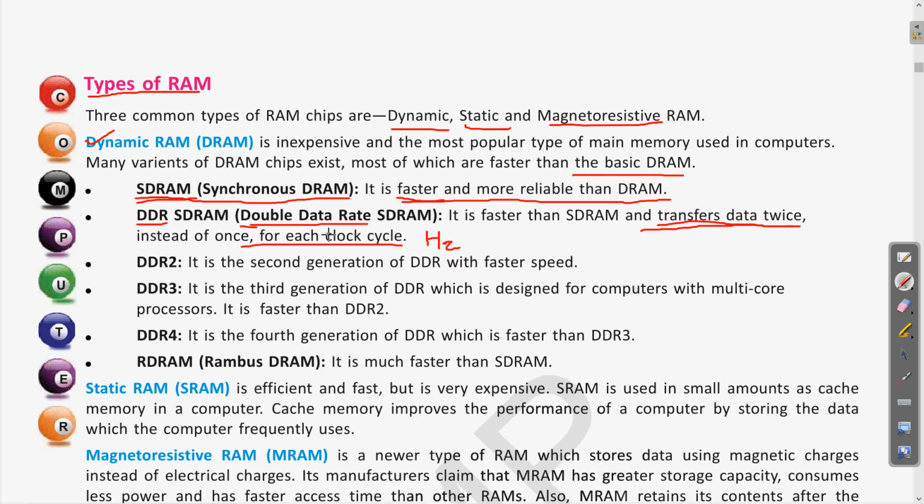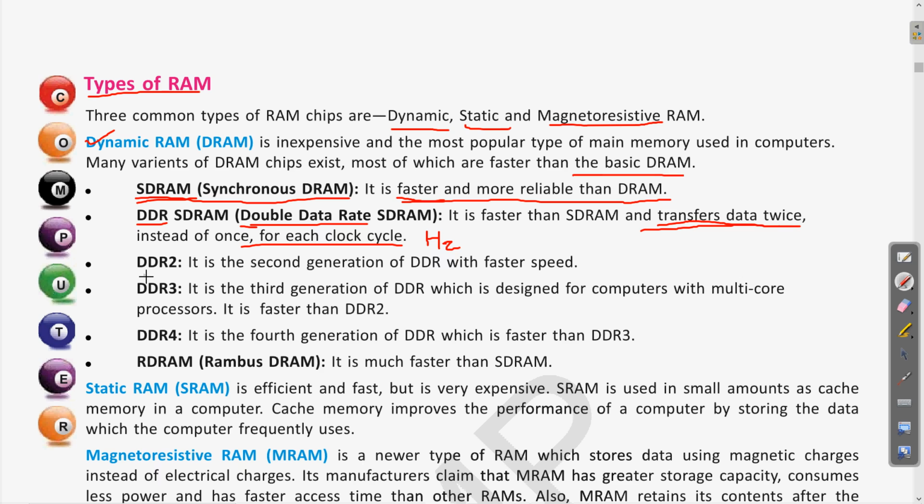This way the DDR RAM is faster than the synchronous dynamic RAM. I hope you are getting it. It is not required to remember all these things; it is only an introduction to these different variations.